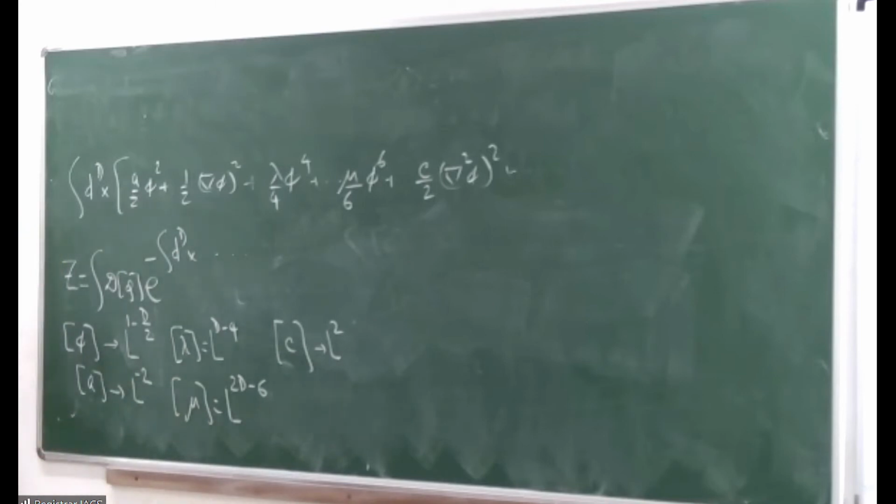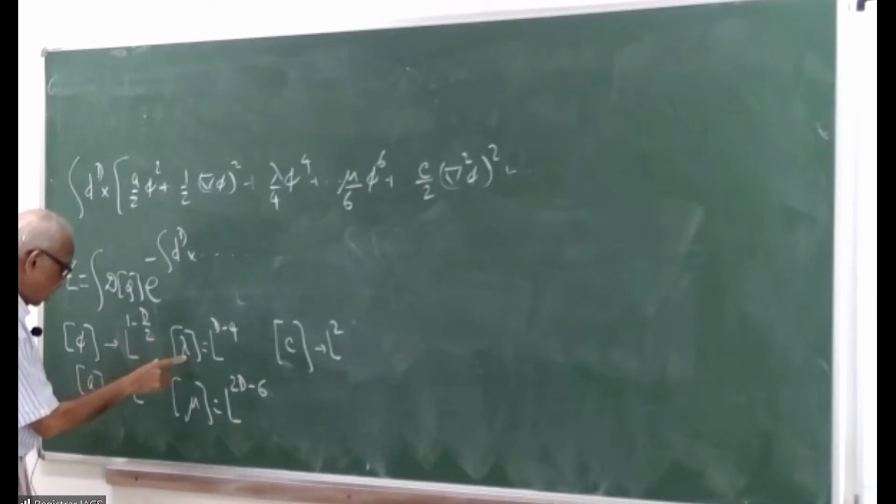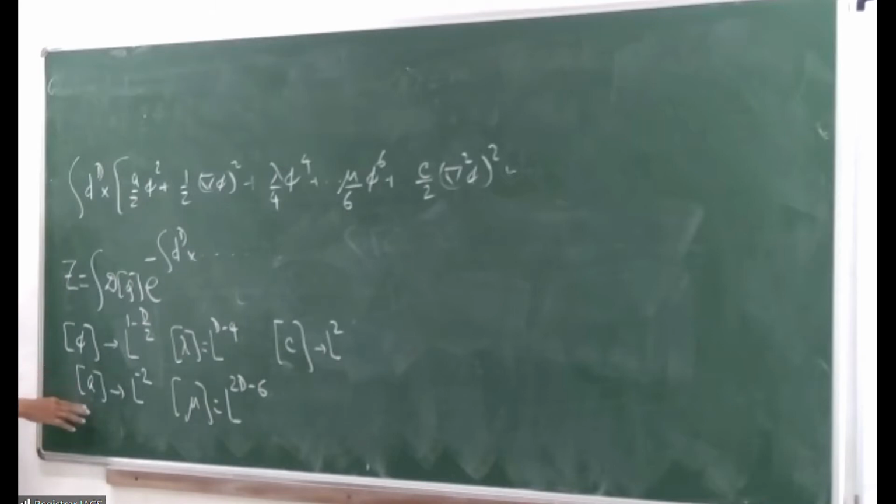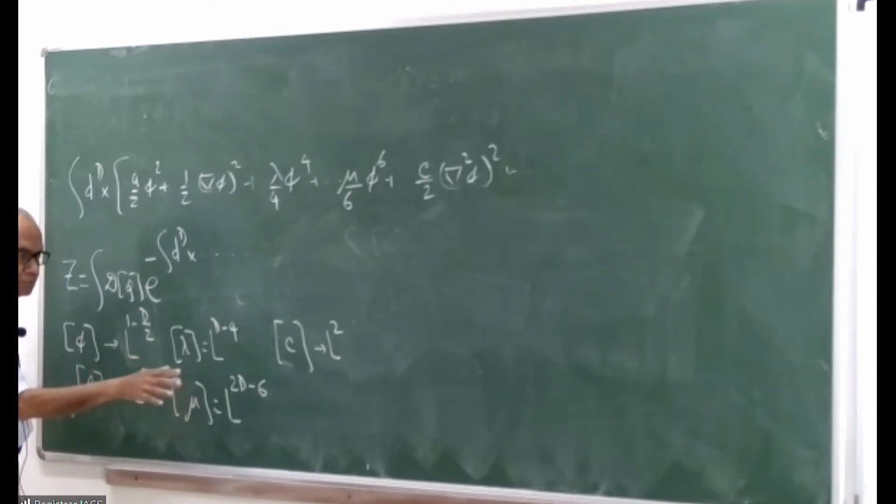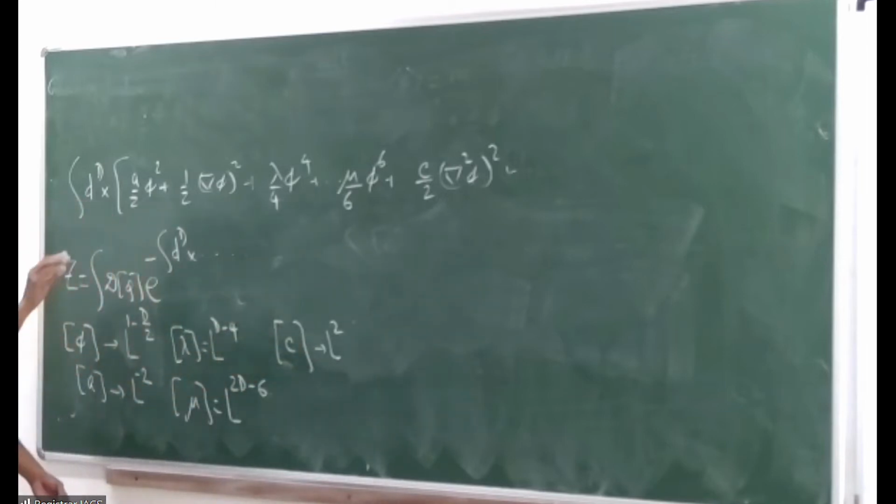So if I'm sitting at D equal to 3, I can't do without lambda. Mu is just marginal, and this one is gone.